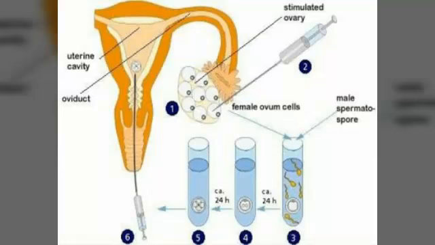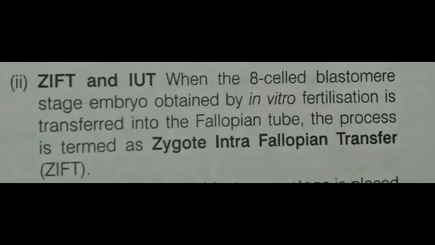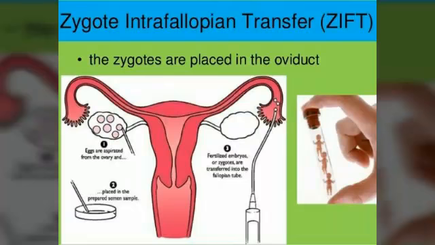When the 8-celled blastomere stage embryo obtained by in vitro fertilization is transferred into the fallopian tube, the process is termed zygote intra-Fallopian transfer. Next, if an embryo with more than 8 blastomeres is placed directly into the lining of the uterus for further development, it is known as intrauterine transfer, IUT.